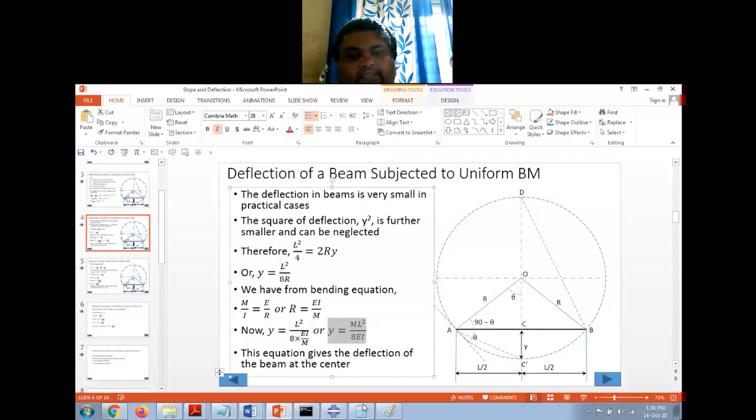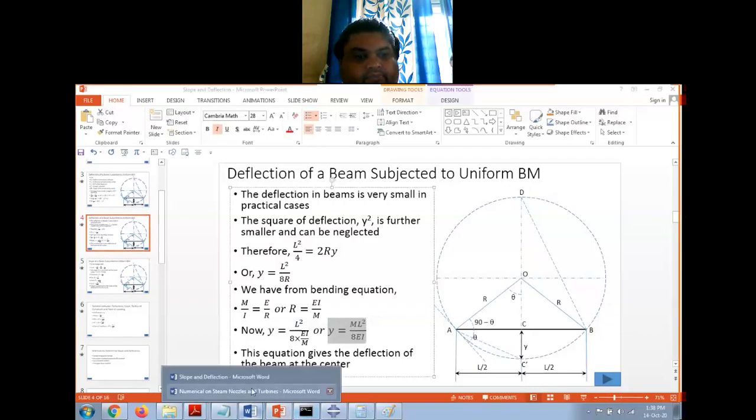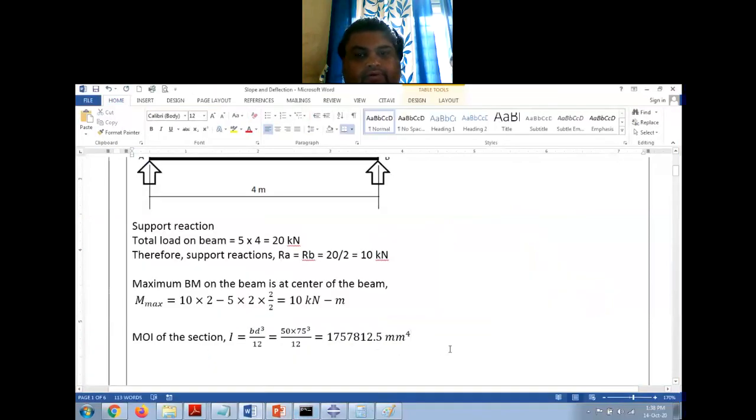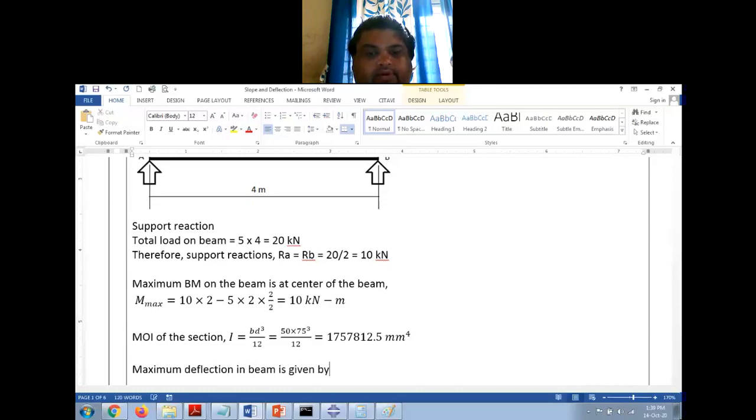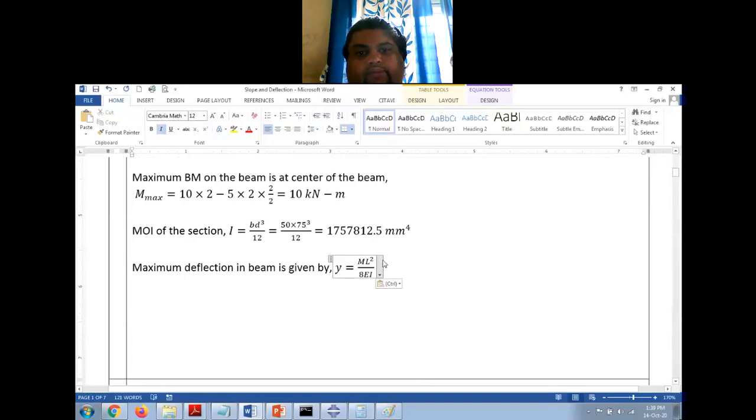So I will take this here. Maximum deflection is given by y is equal to ml square by 8 EI.